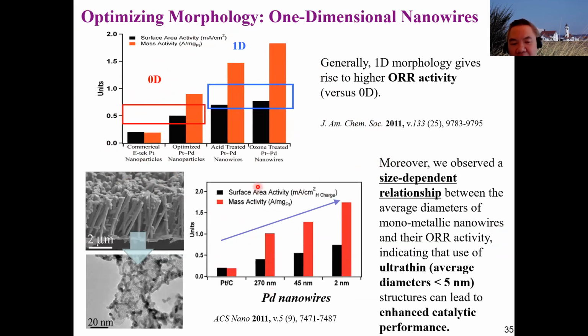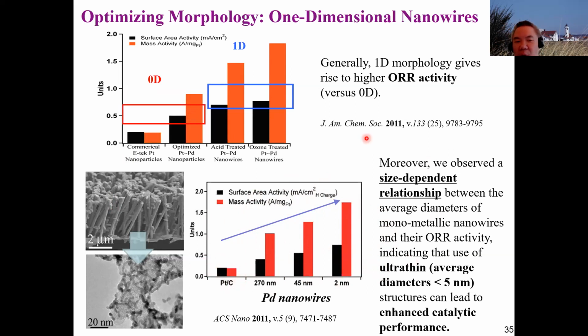And as I've kept highlighting and emphasizing over and over again, when I go down to a really, really small scale, even for something like a nanowire, where I'm going down to 2 nanometers, and you don't have to really know what surface area or mass activity really means, from a bar graph you can tell that the smaller the wires that I'm able to make, the higher the activity compared to the commercial platinum particles that are available and commonly used.